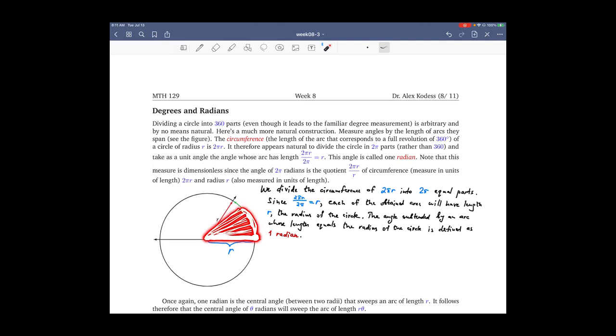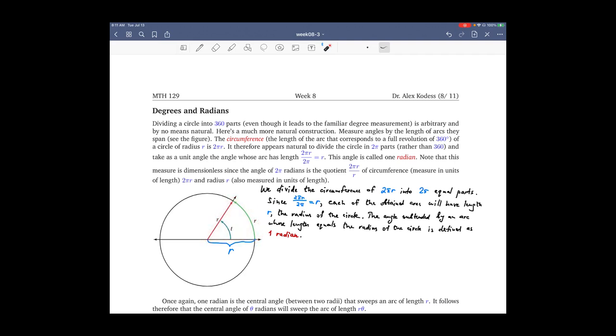As soon as you travel the distance which is equal to the radius, as soon as this arc has length the same as the radius of the circle, we declare the corresponding angle to be 1 radian. That is the definition here.